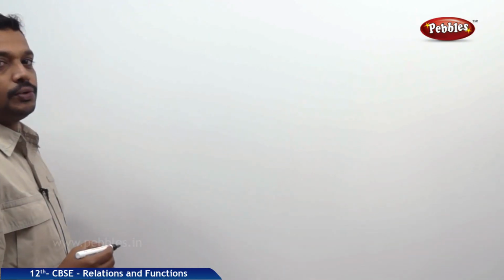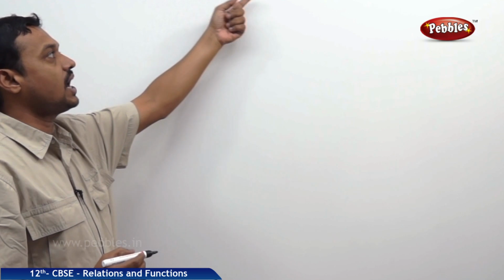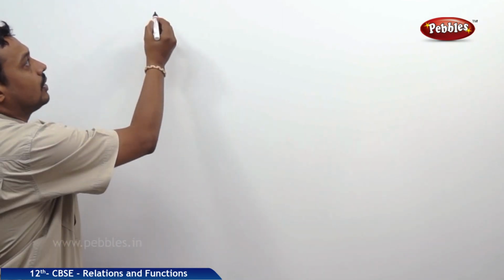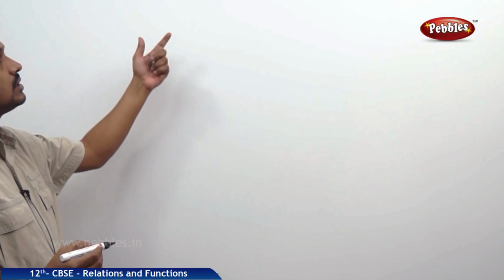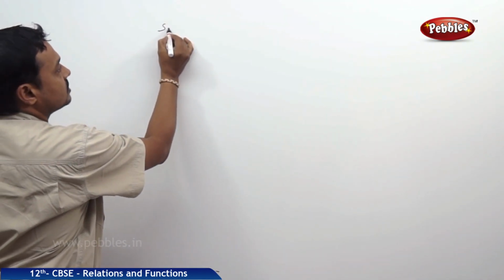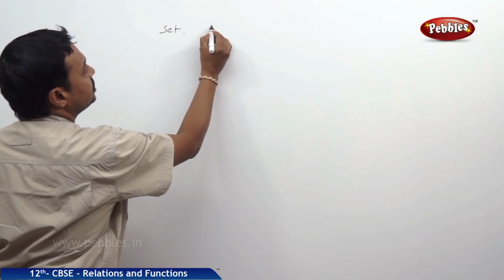Now we are going to learn about a new chapter, relations and functions. This is the first chapter in 12th standard. Before this, we have to know two important definitions: one is set and another one is Cartesian product.